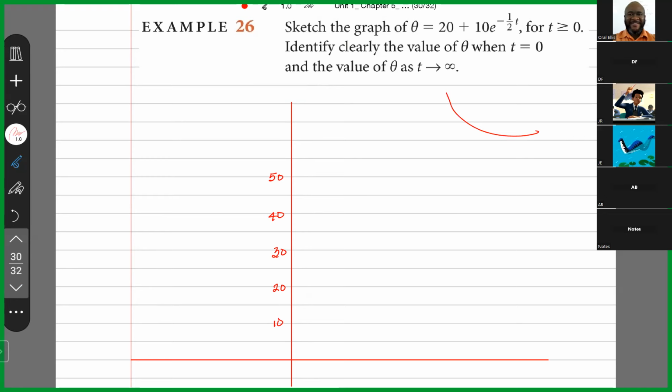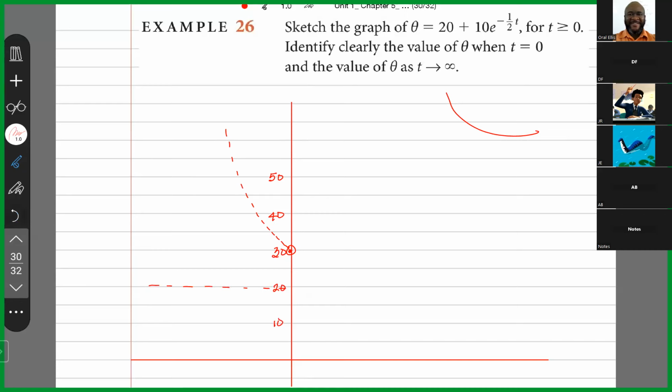When t is equal to 0, e to the minus a half t would be 1, and so the graph is going to cut the y-axis at 30. It's coming from this direction, but this part of the graph does not exist. The asymptote would be 20.